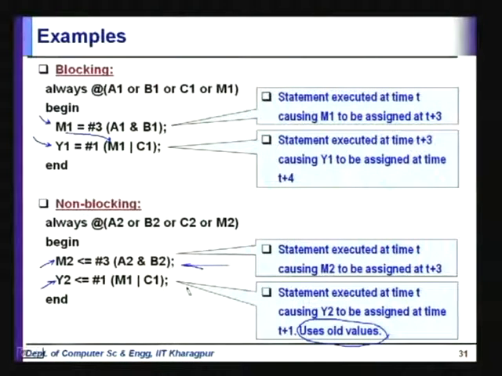If you put hash 4 here, it is a blocking statement. It will remain blocked here until 4 time units have passed. By that time M2 will have been assigned, right. So, when it goes past the hash 4, at that time y2 will get the new value of M2. Is it clear?